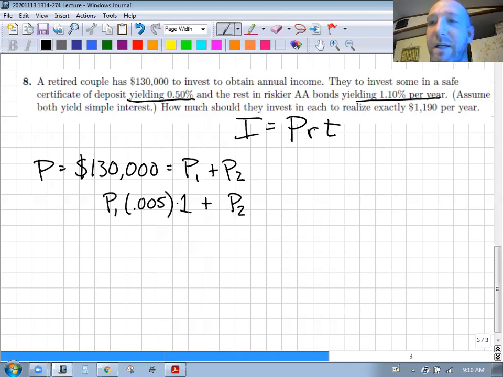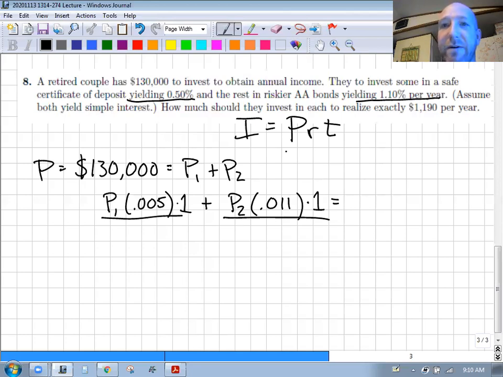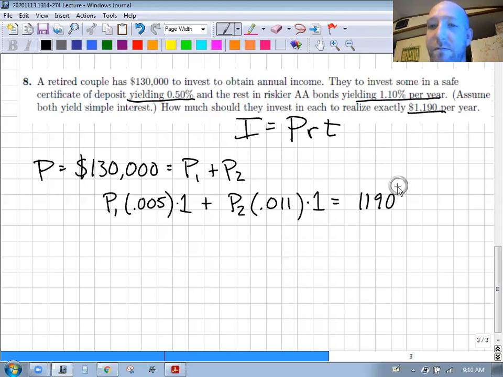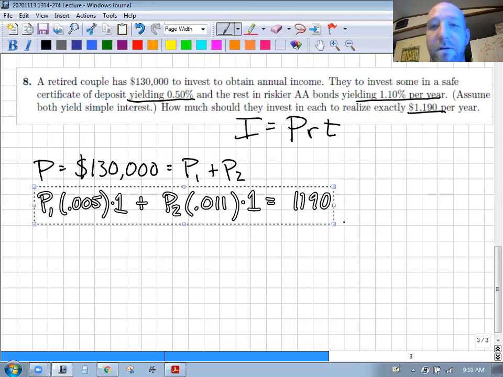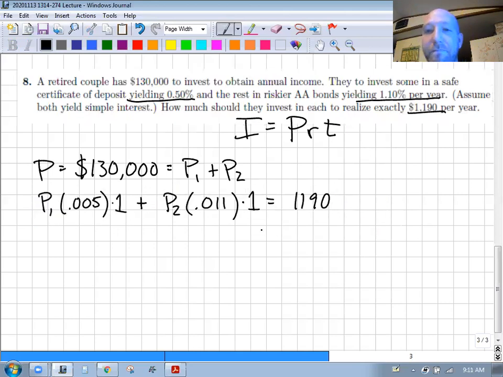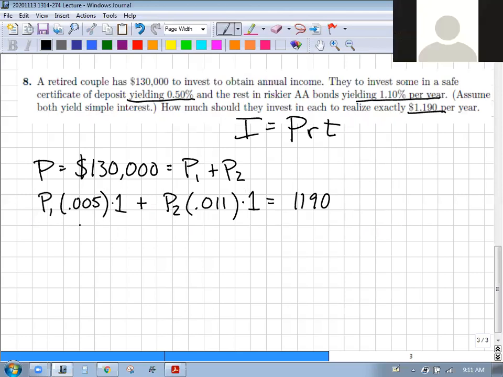And then the second account is 1.1%, and again, it's for 1 year. So this is the interest from each account, and it should add up to be 1,190. All right. Does everybody follow that? Yes, sir. All right. Yeah, this is interest 1 and interest 2.